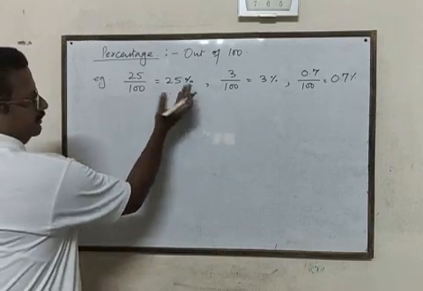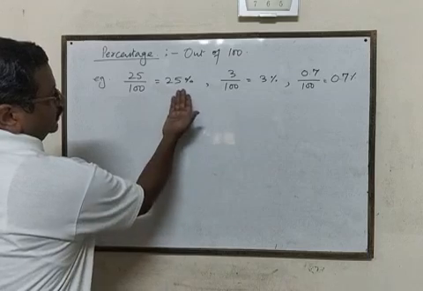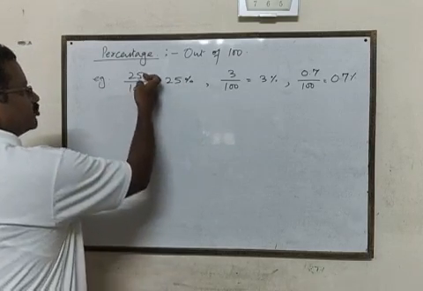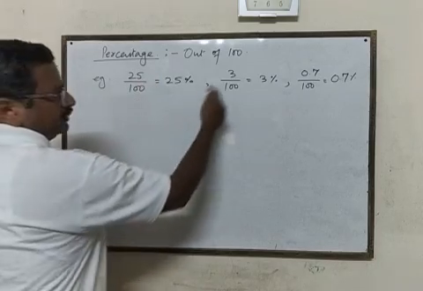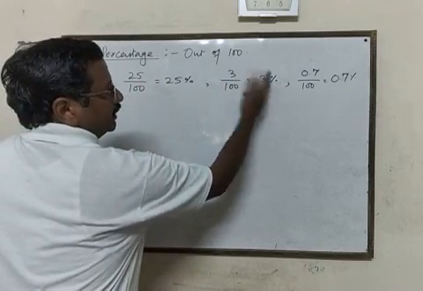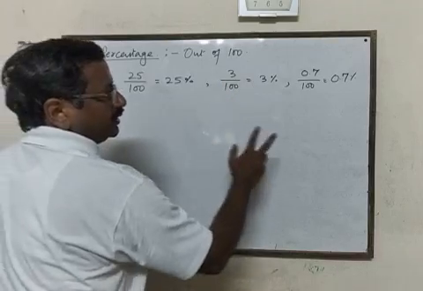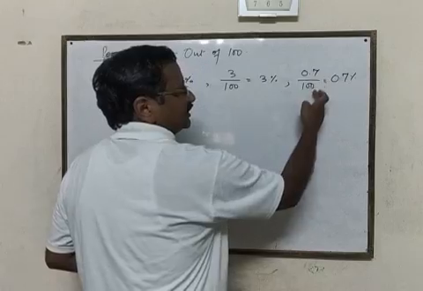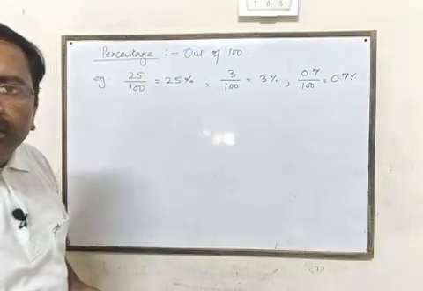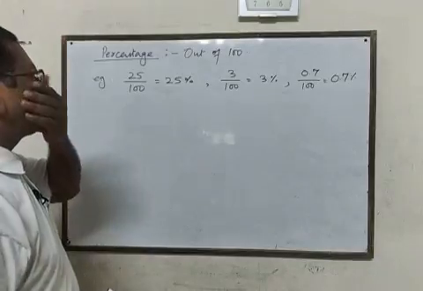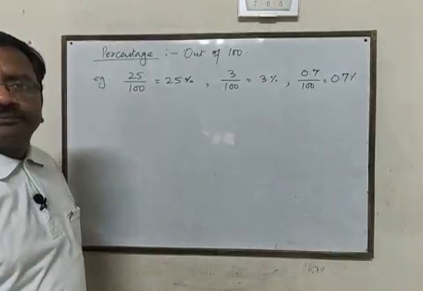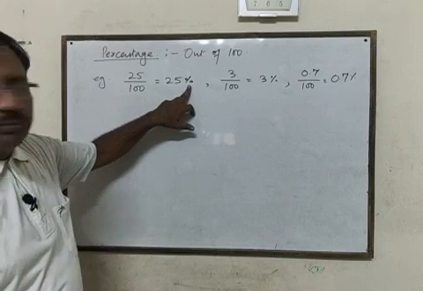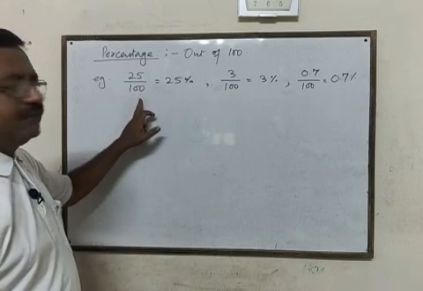Now conversely, in the reverse order, 25% can be written as 25 upon 100, 3% can be written as 3 upon 100, 0.7% can be written as 0.7 upon 100. So what do you observe here? Whenever we drop the sign of percent, 100 will come down.